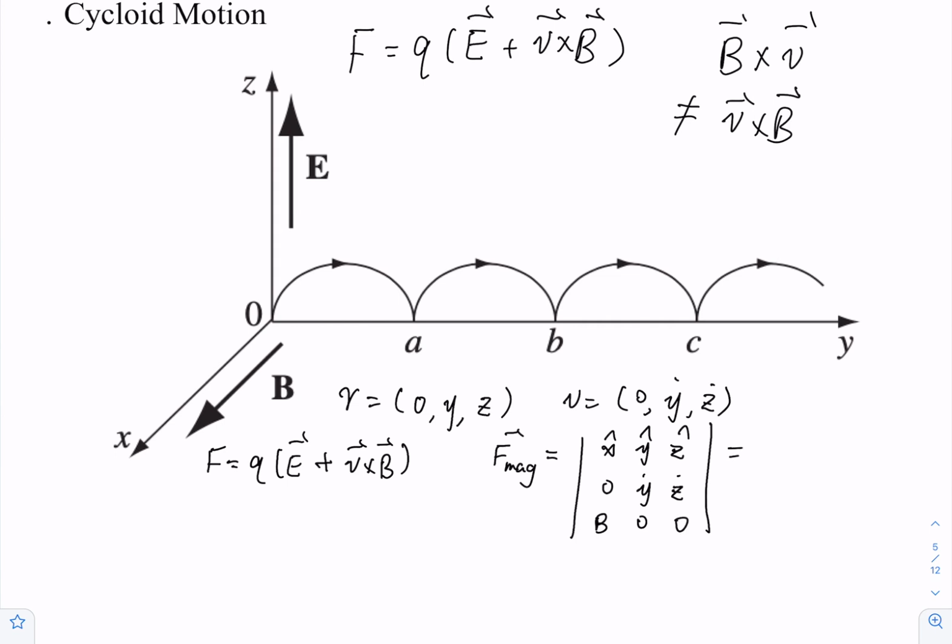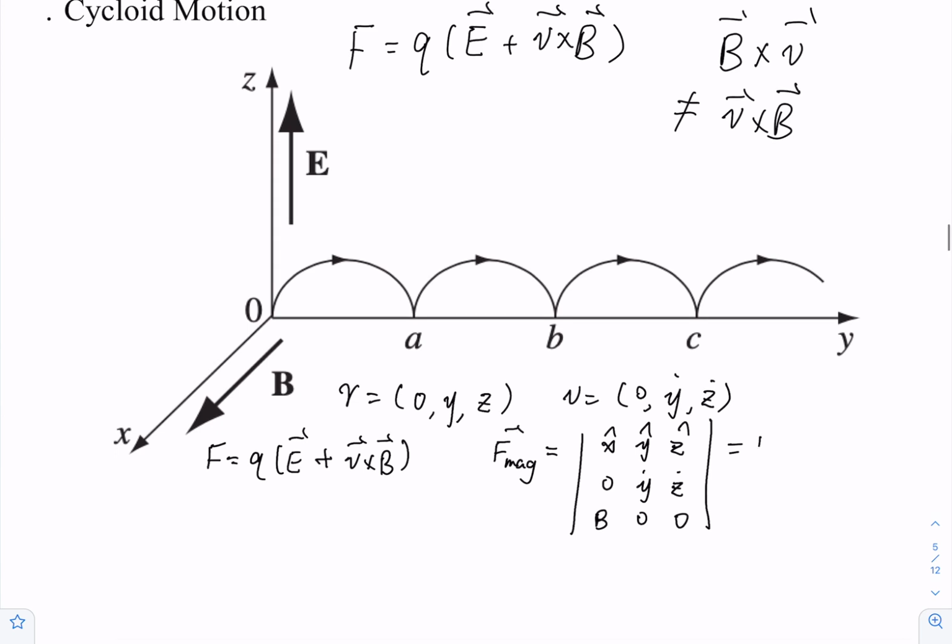So for this determinant, we only have two terms. One term is along the y direction, so it's b z dot y hat, and it's minus because it's in the other direction, so it's b y dot z hat.